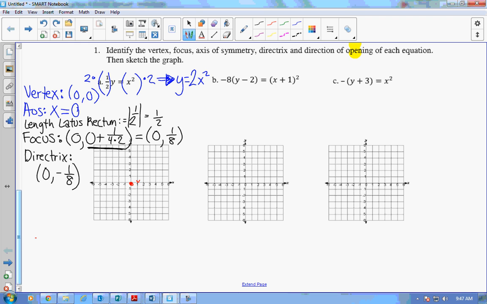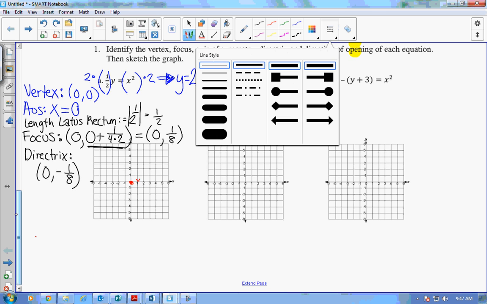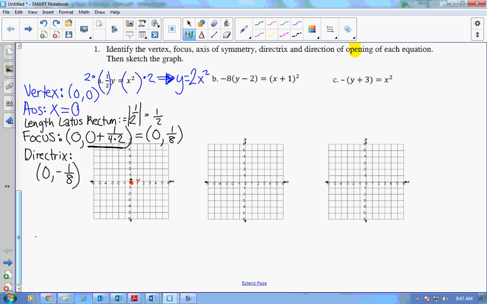Now let's find the focus, 0, 1/8. I'm going to do that in a different color. How far above the origin is 0, 1/8? Not far at all, just barely above it. And that's the focus, F.